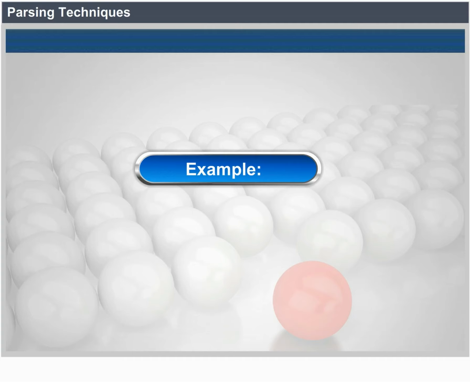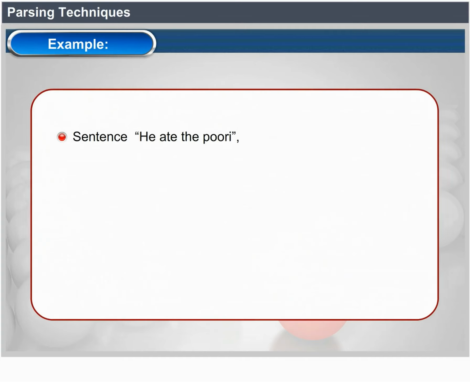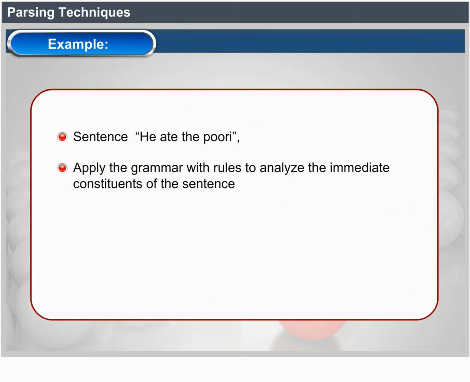Example. Sentence: he ate the puri. Apply the grammar with the rules to analyze the immediate constituents of the sentence. S implies NP, VP. NP implies PRO. NP implies ART N. VP implies V NP.